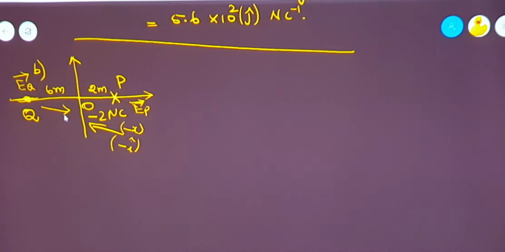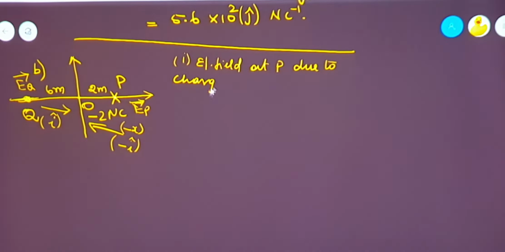So acting in this direction, along the positive x-axis or positive I cap. Let us calculate the magnitude. So the first point, what we have to calculate? We have to calculate the electrical field at the point P due to the charge. How much? The charge is minus 2 microcoulomb placed at the point O.